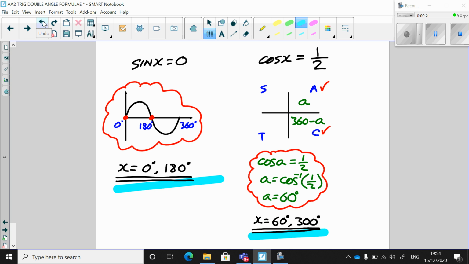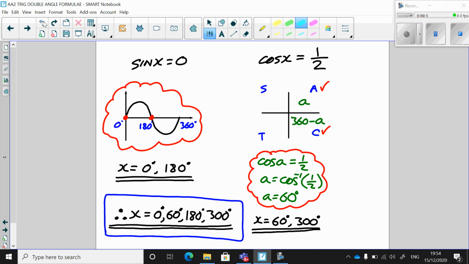Let's group them together. You can put them in numerical order if you want. That's unimportant. So the answers are 0, 60, 180, 300, and we check that they lie between 0 and 360, and it was inclusive of 0, so I think I'm fine there.